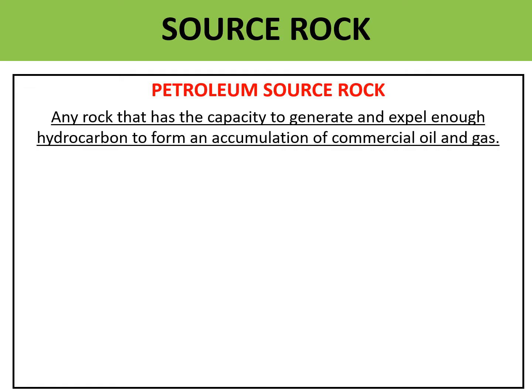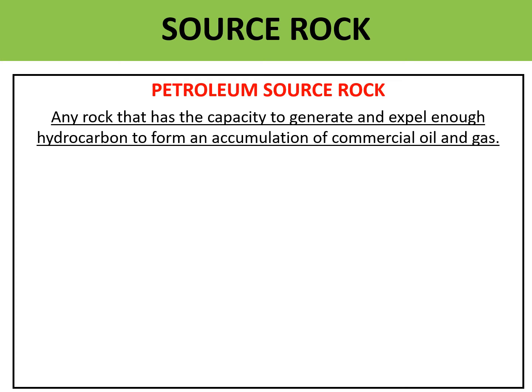Alright, as I mentioned in the previous lecture, source rock is the first element in the petroleum system that a petroleum geochemist essentially needs to evaluate and characterize, to clarify where the petroleum is coming from.